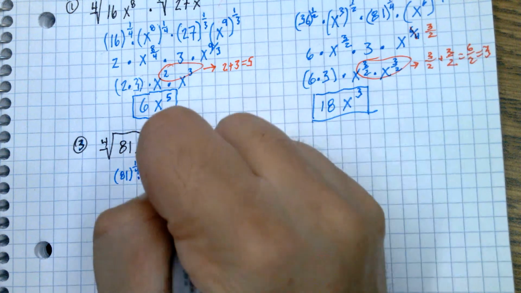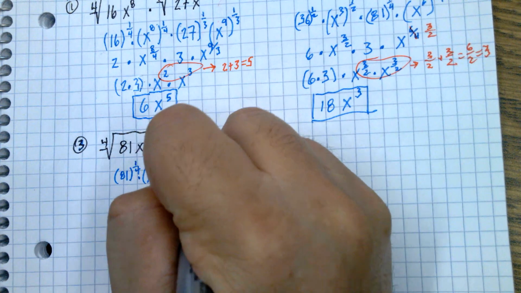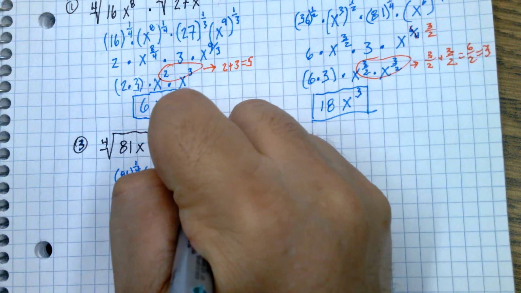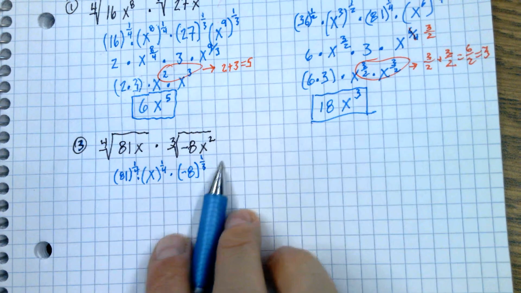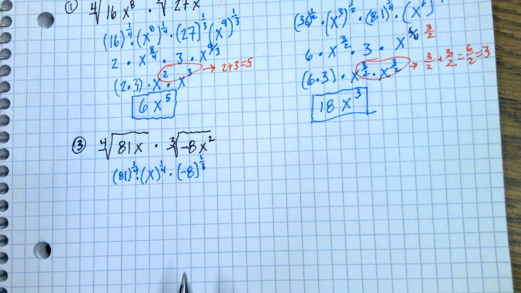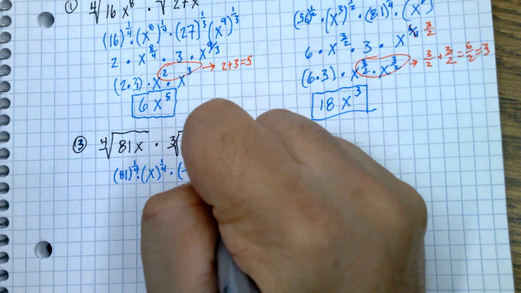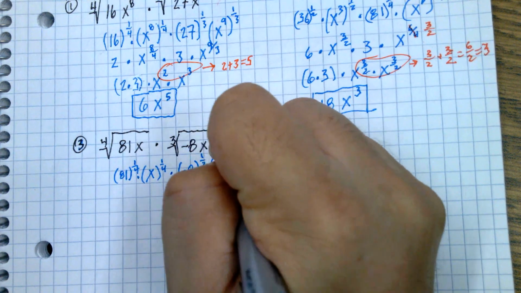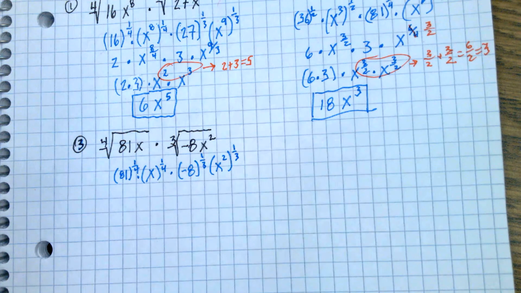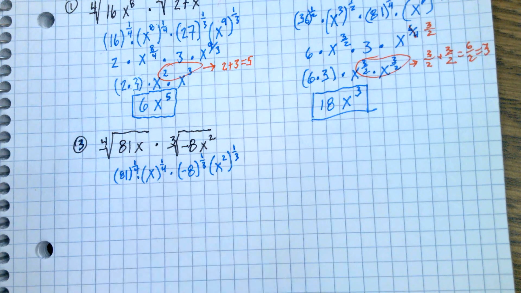And then we have -8 to the 1/3. Okay. And then we have x squared to the 1/3. So just breaking down everything.